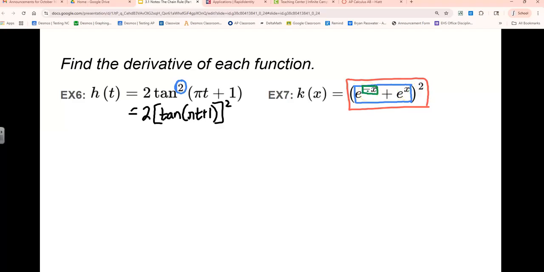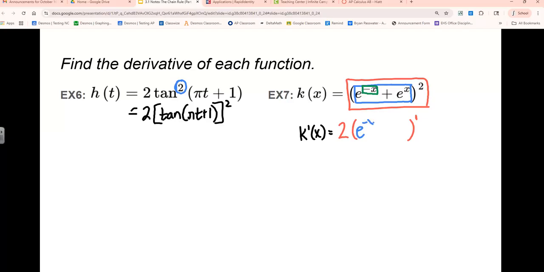So we've got to work through this one. So if we are taking the derivative of the outside, that is 2 times the stuff to the first power. And the stuff on the inside does not change, so don't take the derivative of it yet.